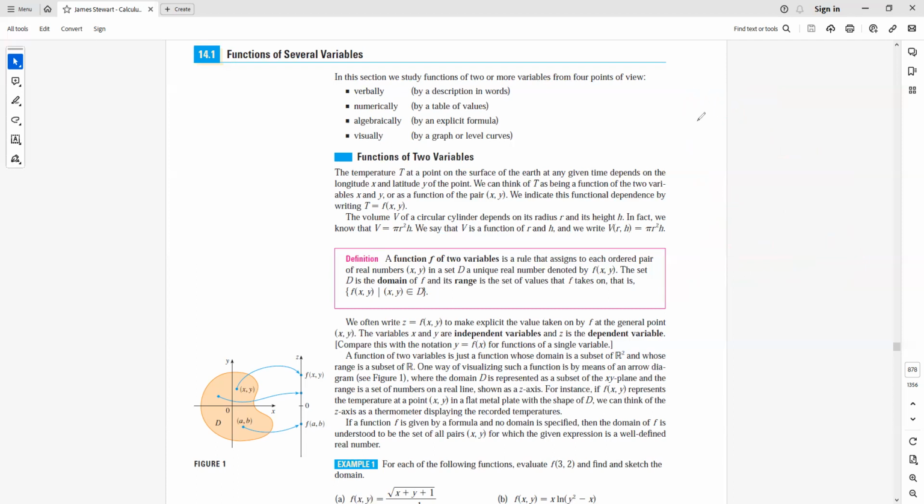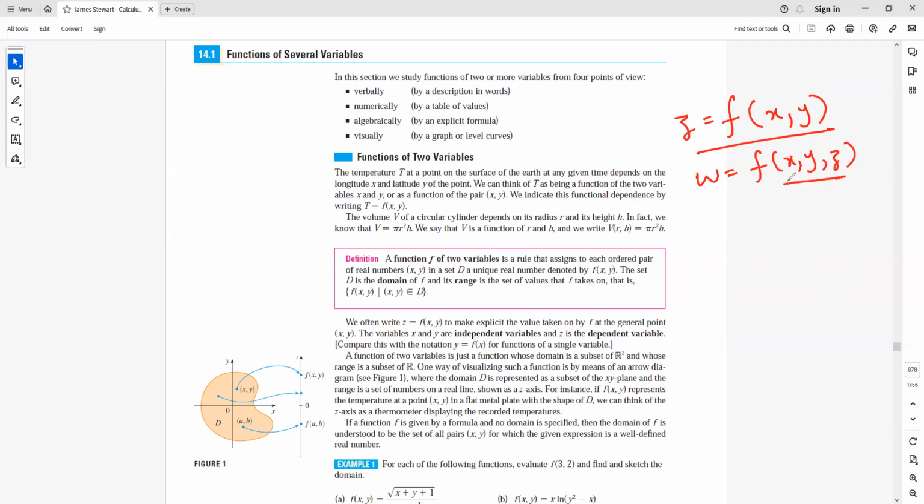In case of the multivariable calculus, now we have more than one independent variable, so we can write z equals f of x comma y in the two variables case, or we can write w equals function of x, y, z in the three variable case.